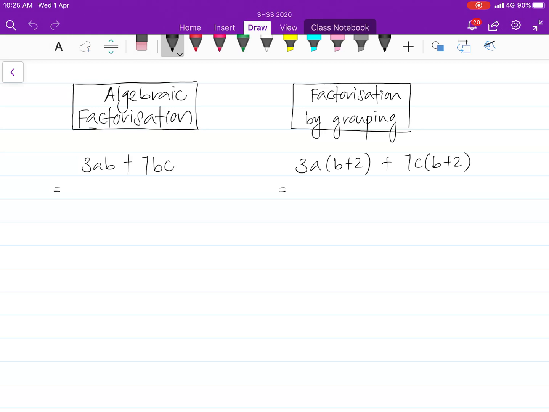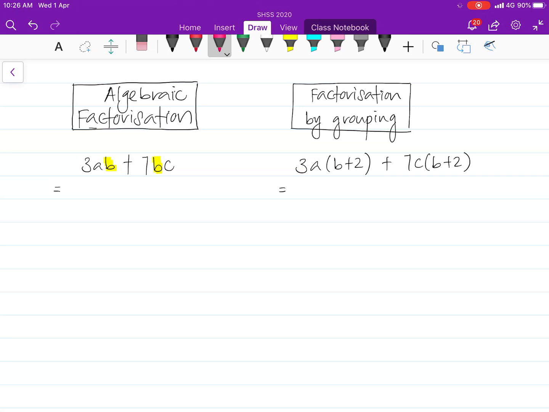If you take a look at this question, 3ab plus 7bc, I want you to notice what is the common factor here in 3ab and 7bc. You will realize that the letter b, the algebra b, is the common factor in 3ab and 7bc.